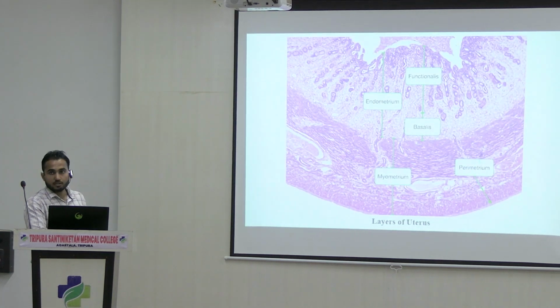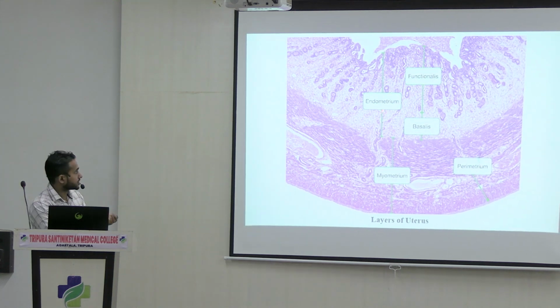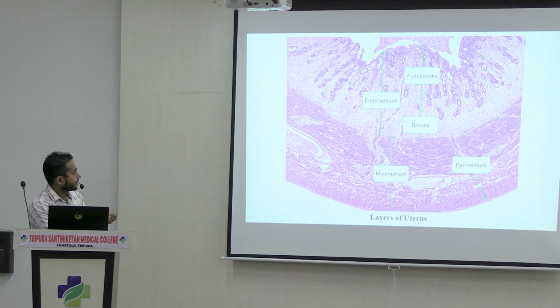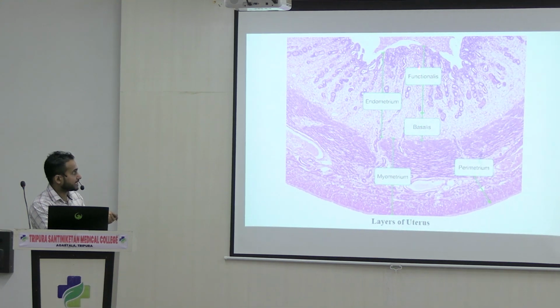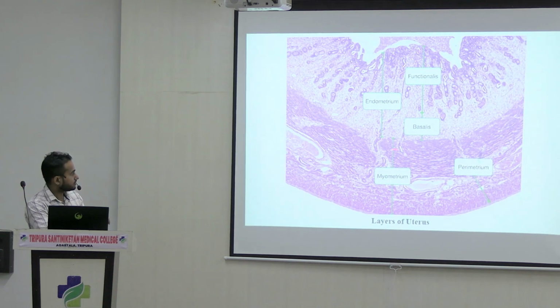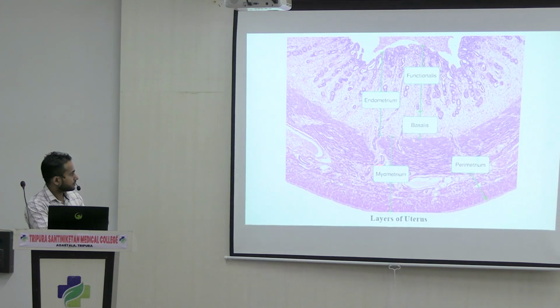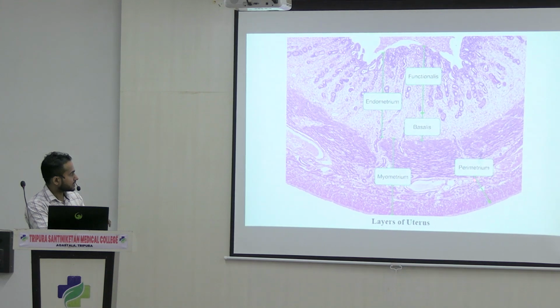Now this is also a histology diagram where you can see all the layers of the uterus. First you can see the endometrium where functionalis and basalis can be identified easily. After that you can see this is the myometrium, and this particular part is the perimetrium.